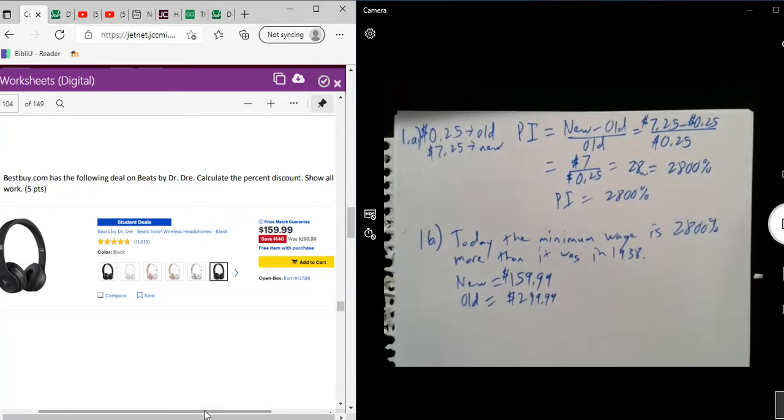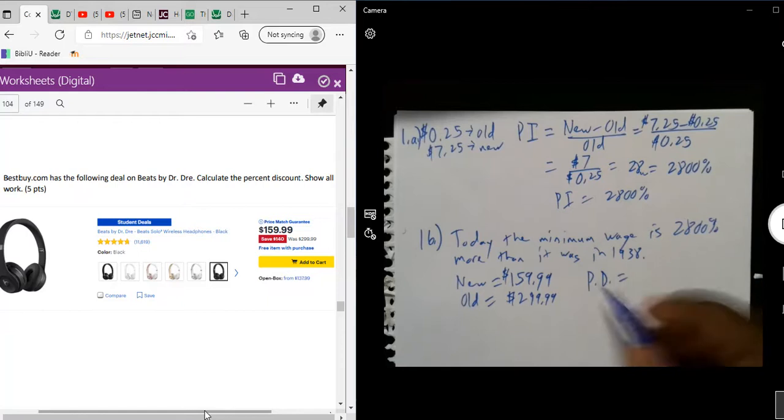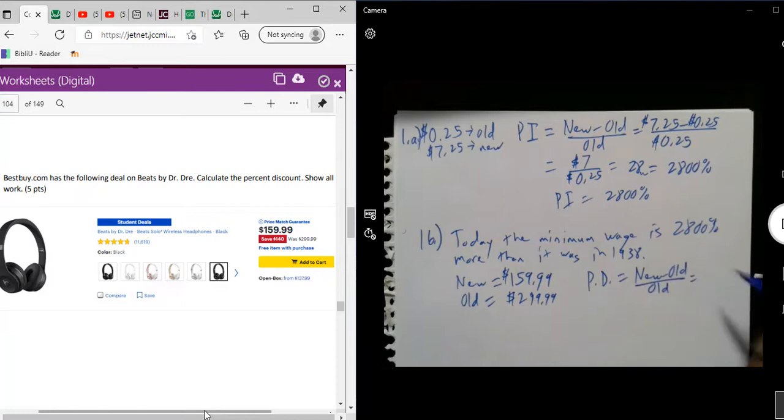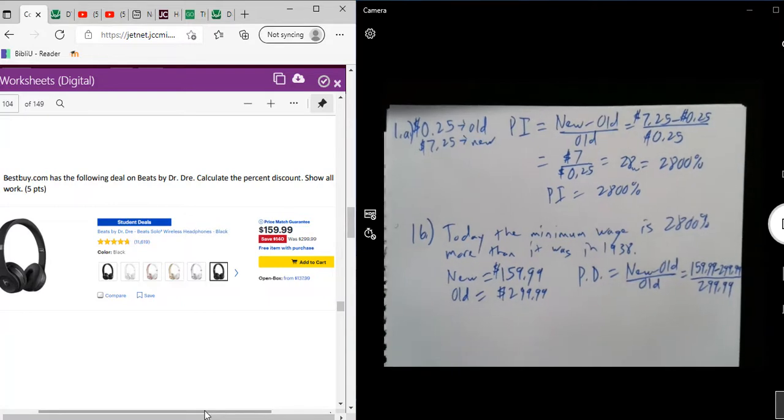Instead of percent increase, we're going to do percent discount, which is percent decrease. So it's still the new minus the old, divided by the old. The new value is $159.99, and the old value is $299.99.